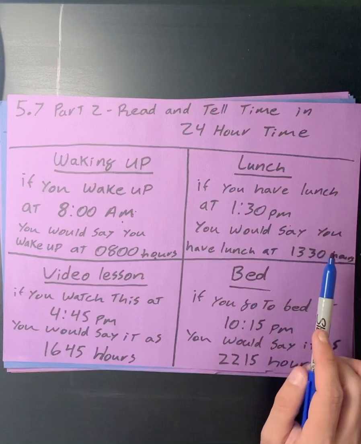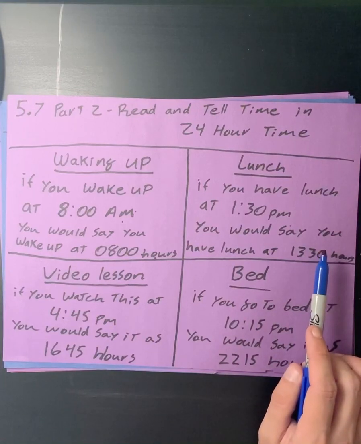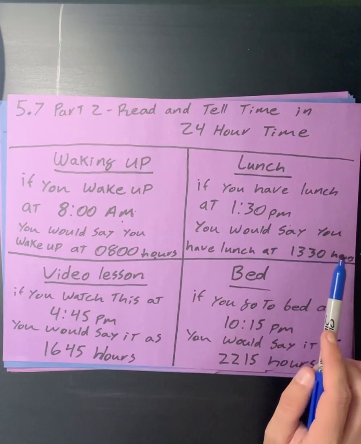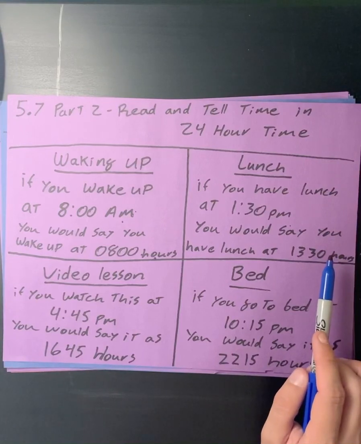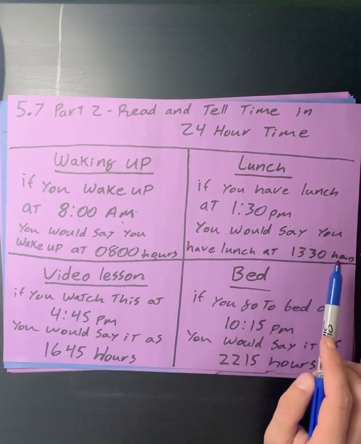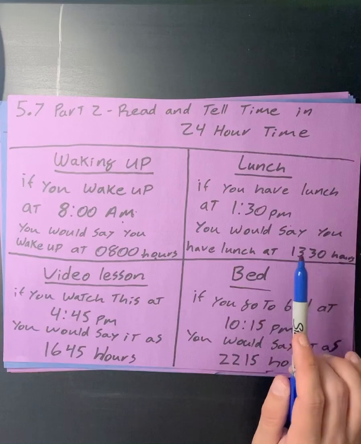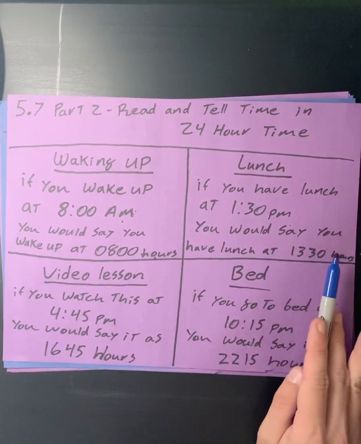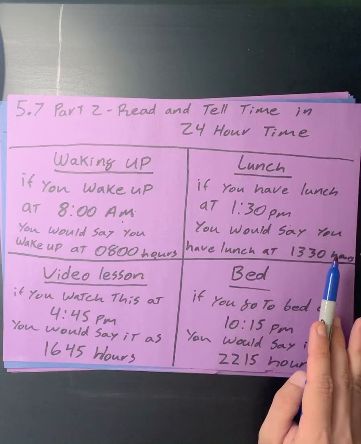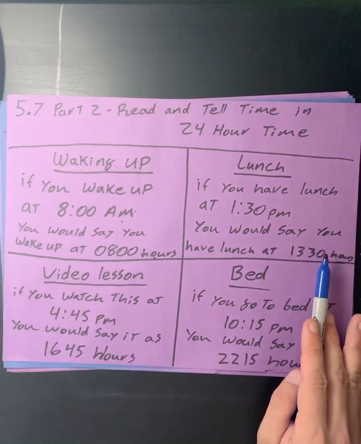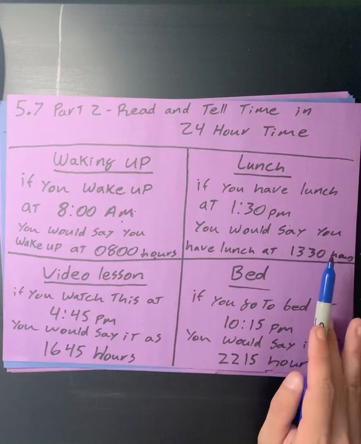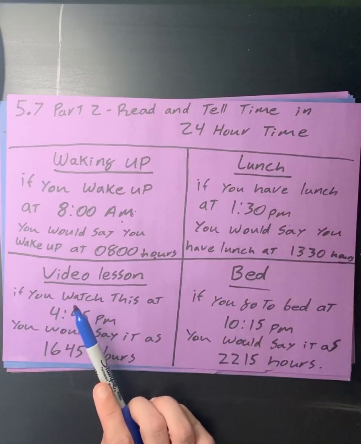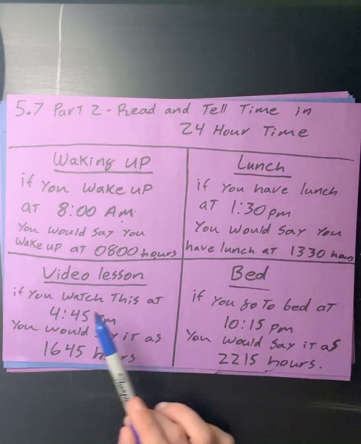Okay? So in 24-hour time, I just add 12 to any time above p.m. Anytime after noon would be 1200 hours. 1 p.m. would be 1300 hours. 2 p.m. would be 1400 hours. 3 p.m. would be 1500 hours, and so forth until we get to midnight, which is 2400 hours, or 0 hours. Okay?